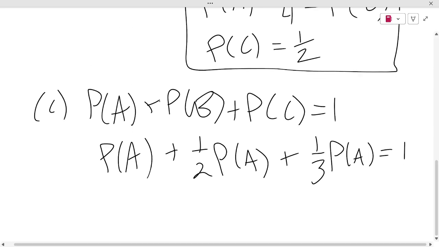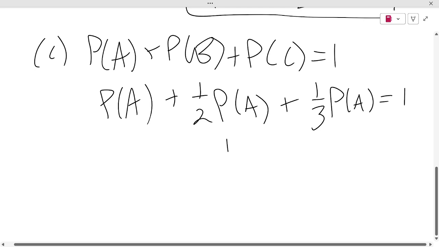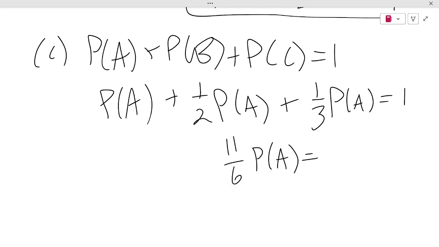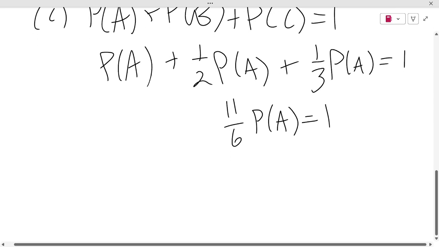When you add all those together, you get that 11/6 times the probability of A is equal to 1. So the probability of A has to be equal to 6/11.